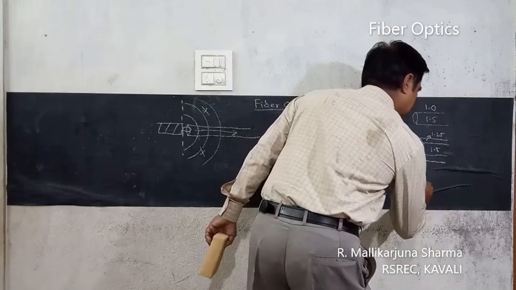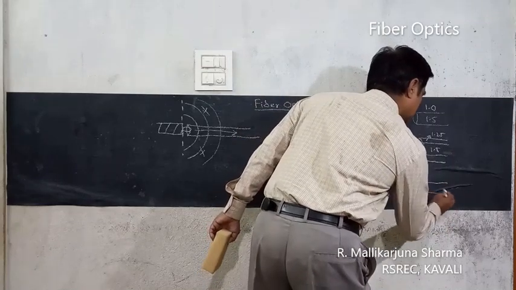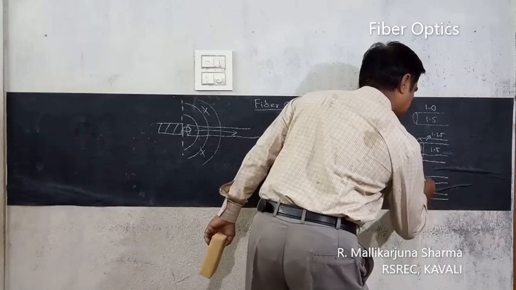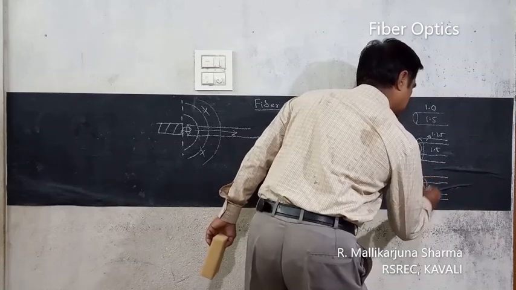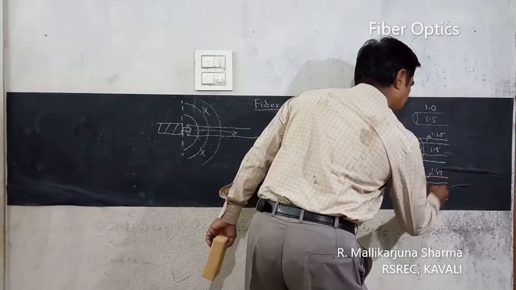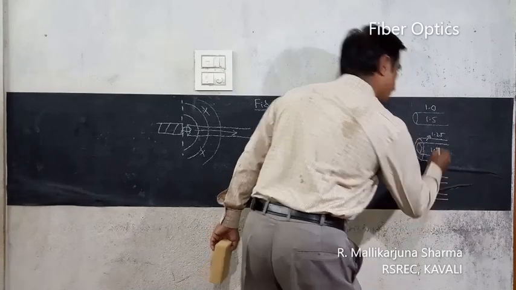Then in the third case, we take the refractive index as 1.49. It is 1.5 here and 1.49 outside.